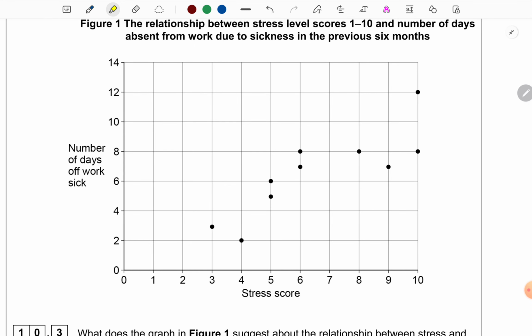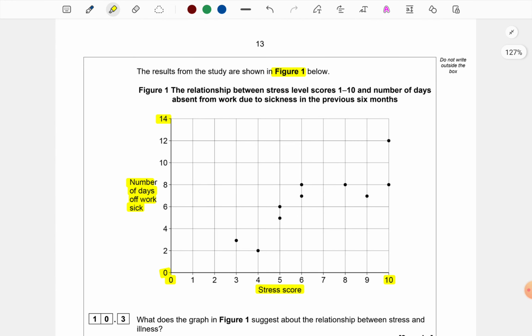Next we should read the x-axis. On the x-axis we have stress scores ranging from 0 to 10. On the y-axis we have number of days off work sick, also starting from 0 but going up to 14. And we see a typical scatter plot or a dot plot in front of us.